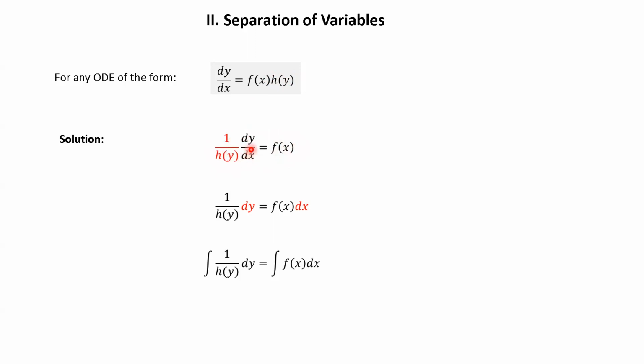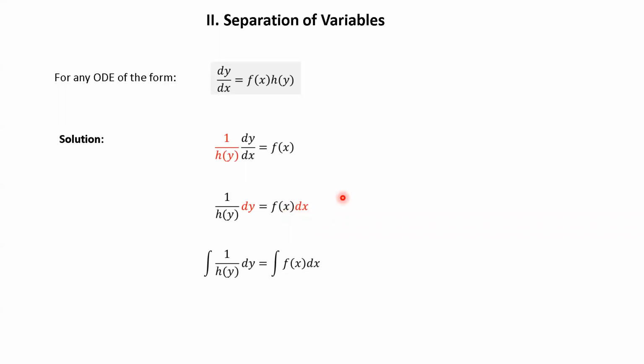Next, notation wise, we basically treat this as a fraction, so I put dx to the right hand side. Then this is what I got: 1 over h of y dy equals f of x dx.